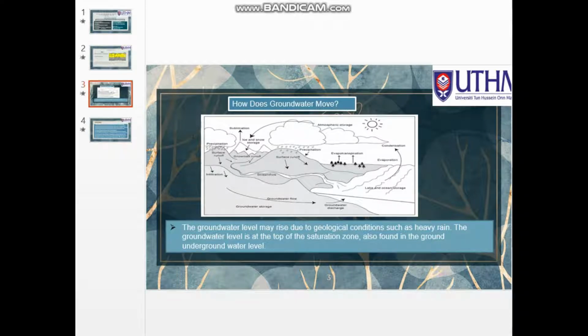If the topsoil is porous, water can penetrate the ground through a process called penetration. From the top surface, water flows through the contained material. When the plant runs out of water, it enters the environment in the form of vapor. The groundwater level may rise due to geological conditions such as heavy rain. The groundwater level is at the top of the saturation zone, also found in the underground water level zone.